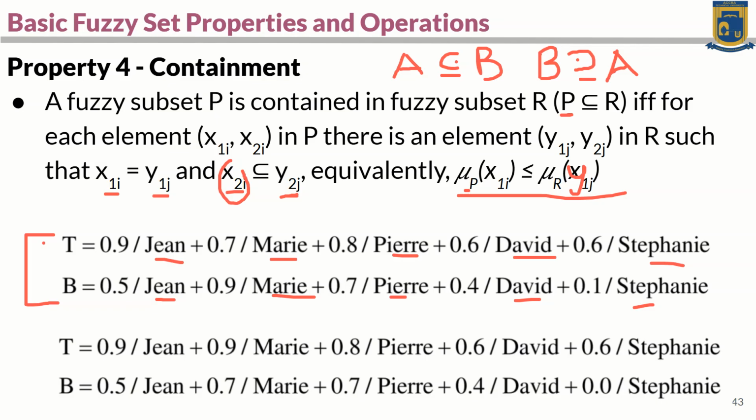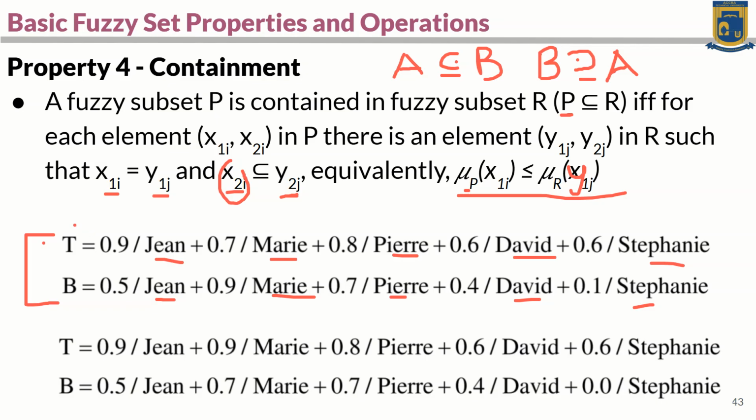Yeah, T contains B. T contains B. Okay, I want the last person, Isabella. Isabella, are you on the call? Okay, so T contains B. All right, so I've heard you.